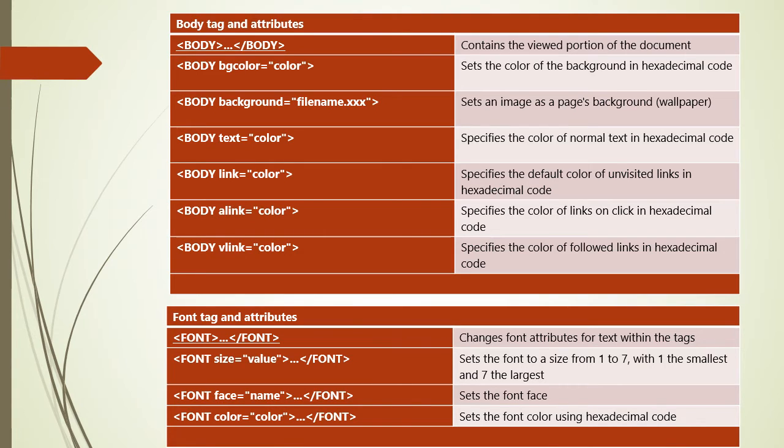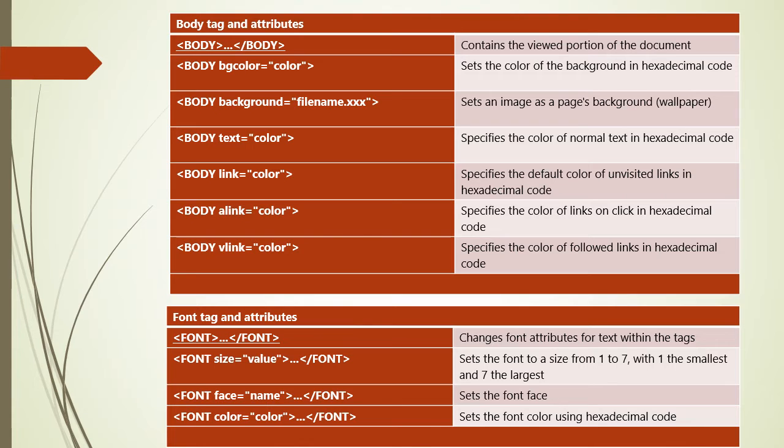Body background is equal to filename.xxx. So it will set the image as a page background, that is nothing but the wallpaper. Body text is equal to color, so it will specify the color of normal text in hexadecimal code. Body link is equal to color.